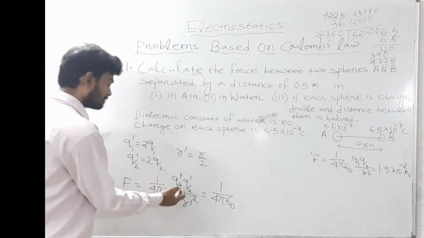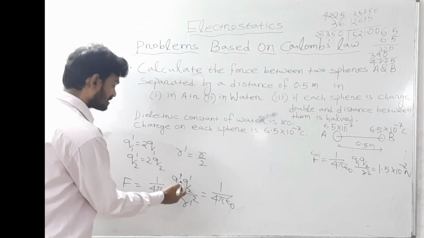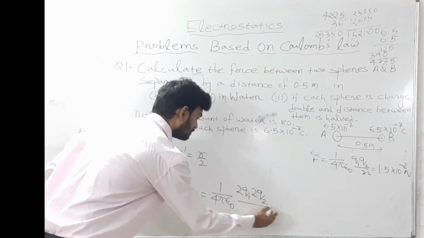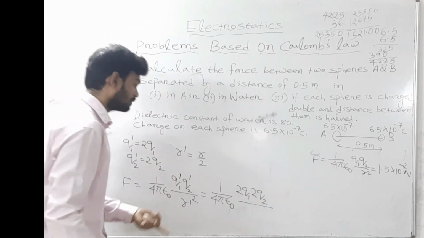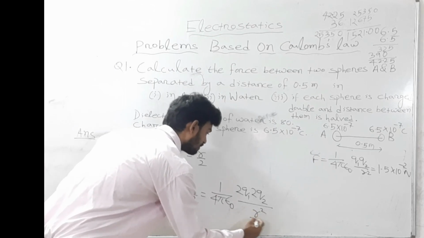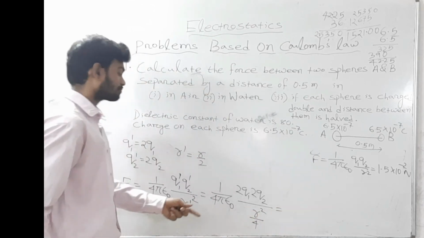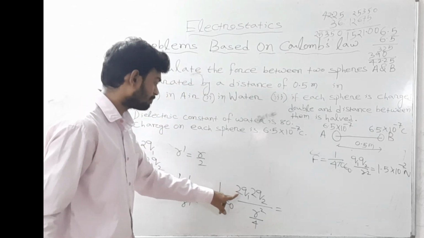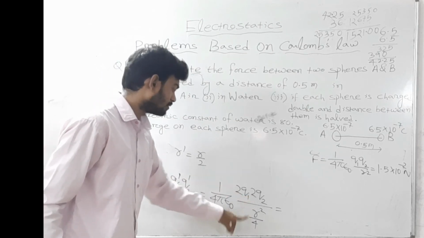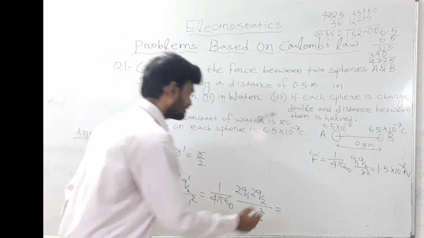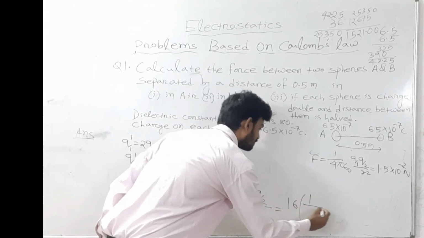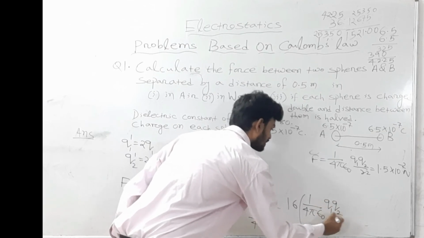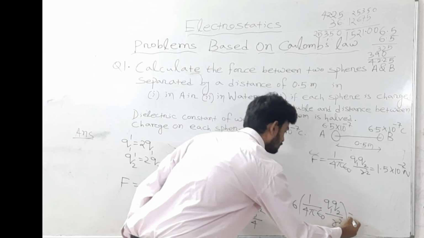That is 1 by 4 pi epsilon naught, 2q1 into 2q2 divided by r by 2 square, means r square by 4. When it comes to the numerator, it is multiplied by 2 into 2, 4 into 4, 16, so that equals 16 into 1 by 4 pi epsilon naught q1 q2 by r square.